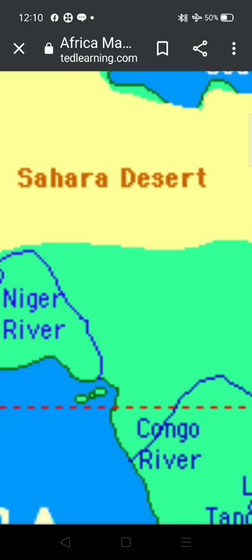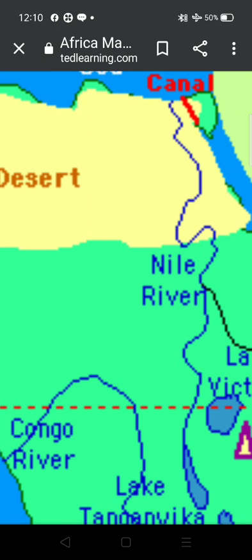Then a long river like the Nile river, can you see, which passes through Egypt. Most of Egypt is actually covered with desert. Because of the Nile river this civilization flourished here.